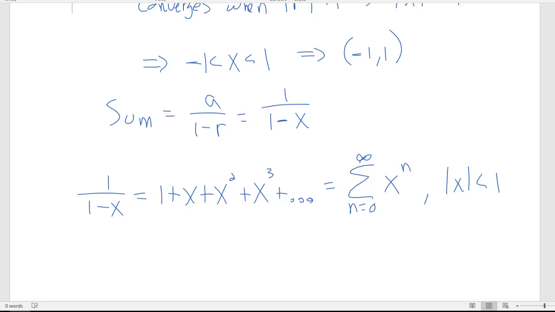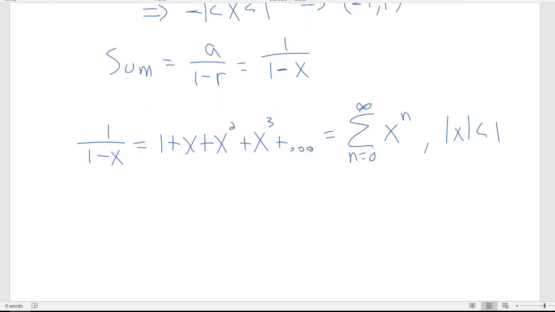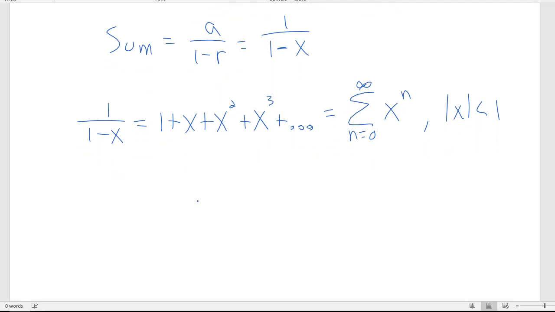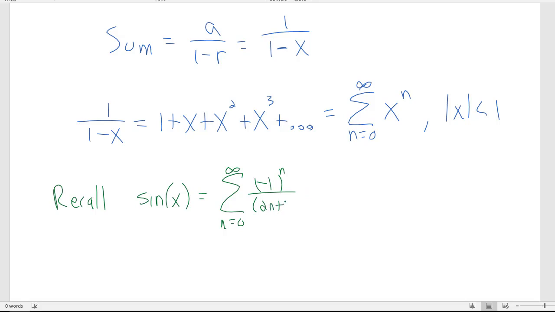All right, now I want to focus a minute just graphically. Let's recall, back in a prior video, I forget which one it is, we were told that the sine function has a power series of the form (-1)^n over (2n+1)! times x^(2n+1).